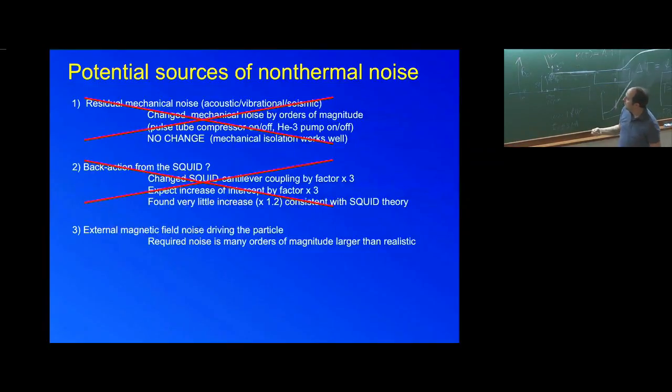If you calculate, this force is something like the magnetic moment times the field divided by the length of this cantilever. And if you put in the numbers, it turns out that the field noise that you need to explain this effect is many orders of magnitude larger than what you expect.